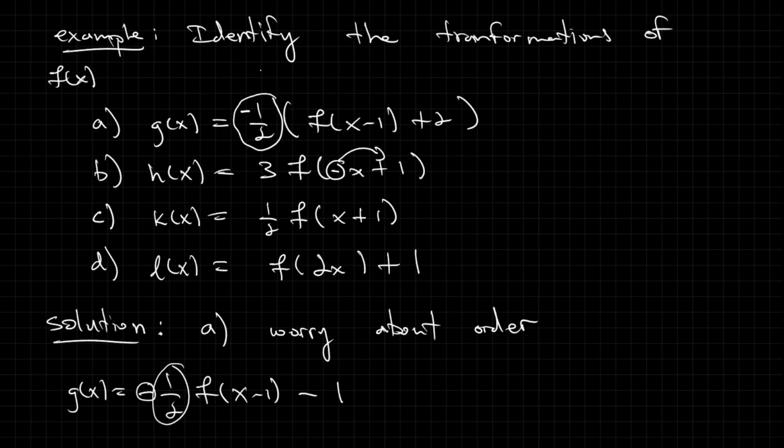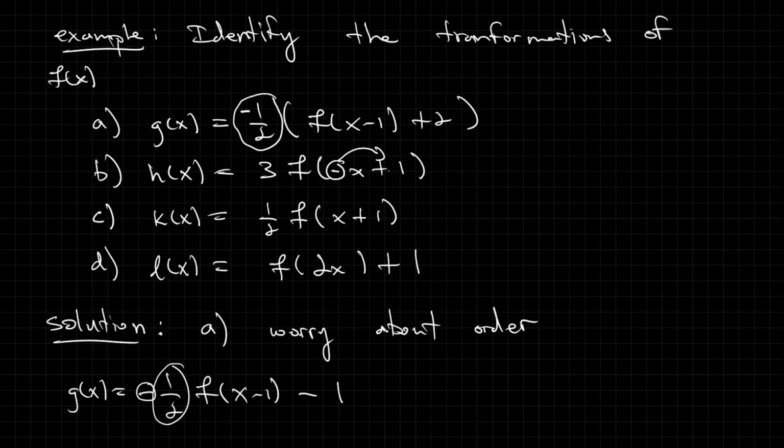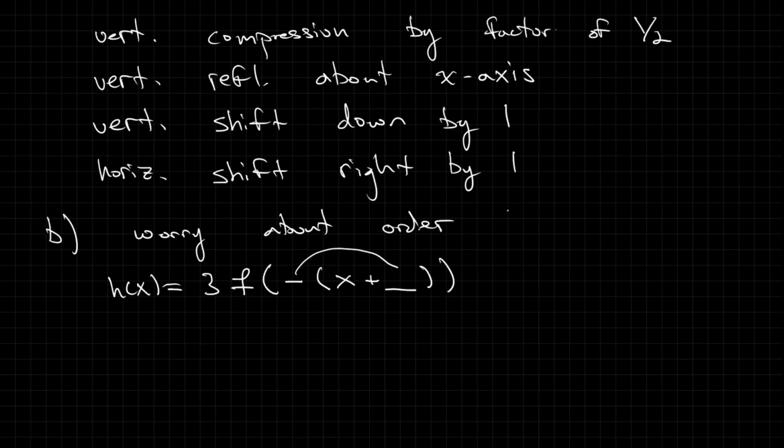So what did we call this? H. So h of x is equal to 3f. We'll factor out the minus. We'll put x. And then we have to put something here so that negative times that will give me 1. So negative times what is equal to 1?